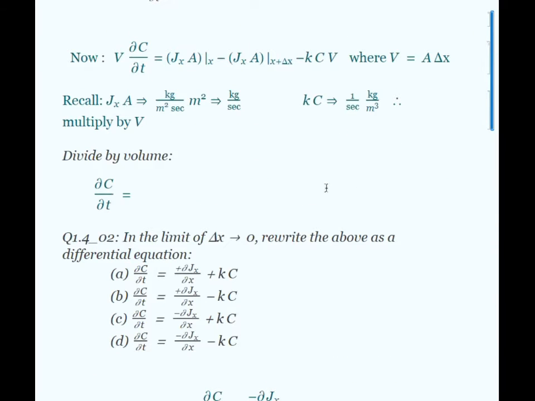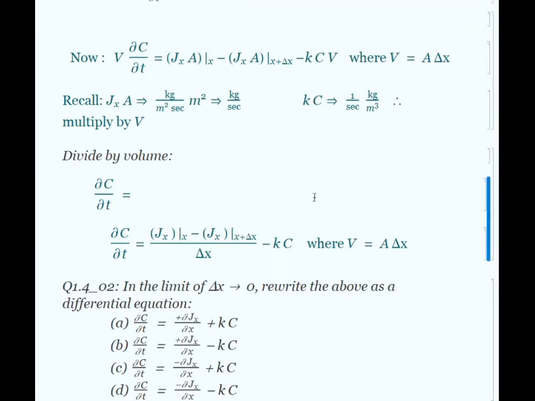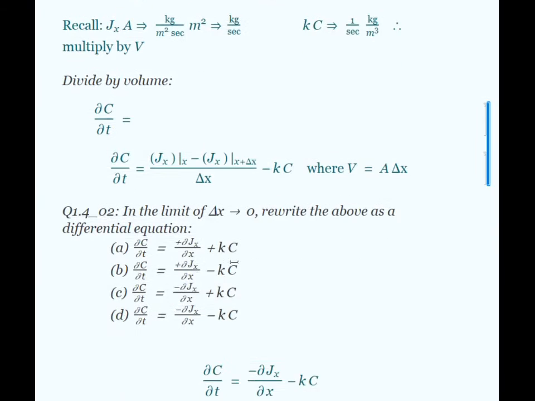All right. And then what we're going to do is go ahead and divide through by the volume. And then when we do that, we get an equation that starts to look like a differential form here on the right side.